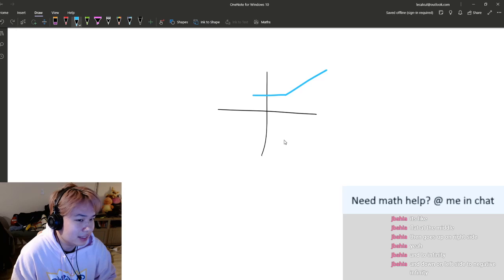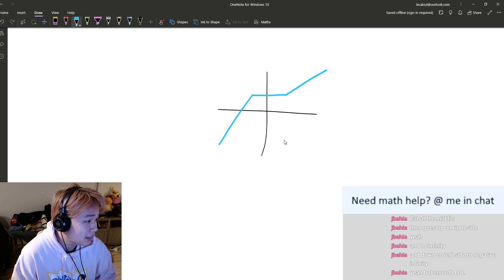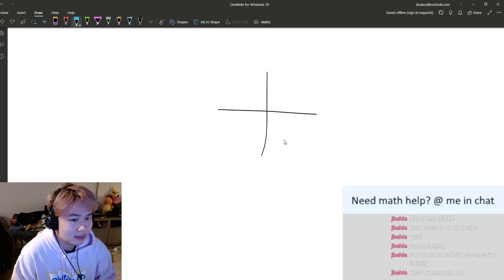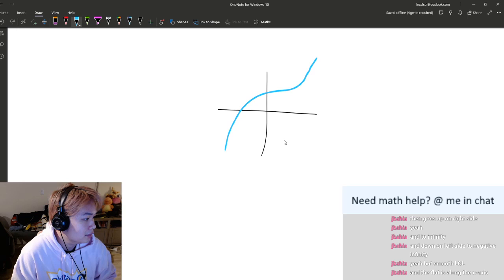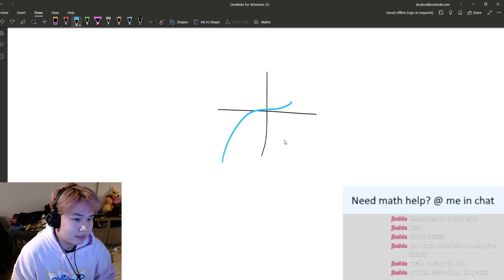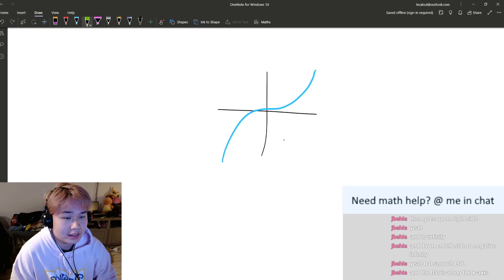And then down left side, like that. Something like this, maybe. Yeah, but smooth. And flat is along like this.